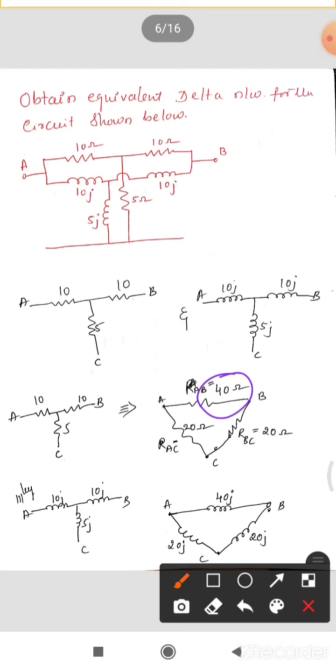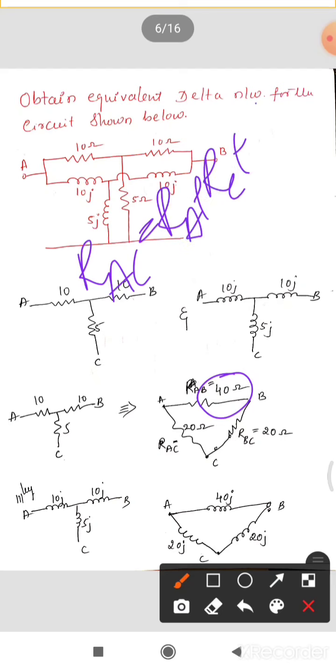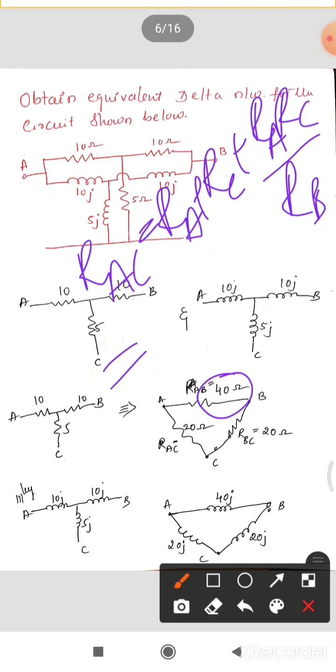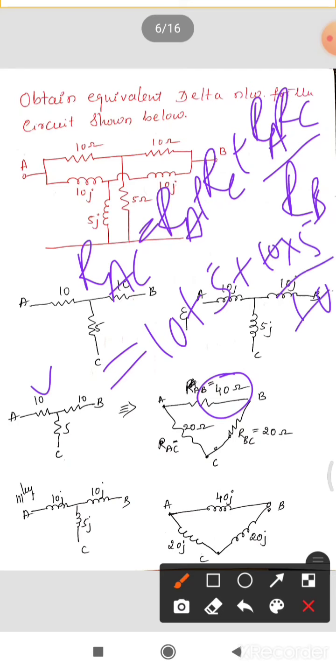Similarly, you can calculate RAC, which is RA plus RC plus RARC divided by RB. RA is 10, RC is 5, plus 10 into 5 divided by RB, which is 10. So the 10 cancels, 5 remains, 5 plus 5 is 10, 10 plus 10 is 20. So RAC is 20.